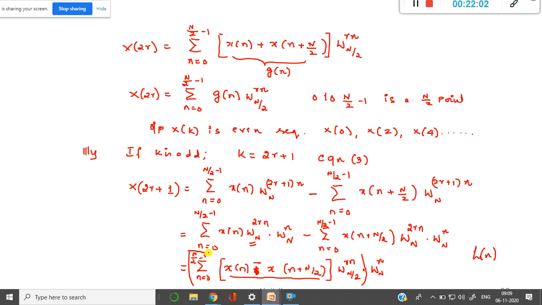This entire thing is the N/2 point DFT of h of n, and it is getting multiplied with a twiddle factor W_N to the power of n. So once again, the odd sequences of x of k are going to be obtained by using this equation.